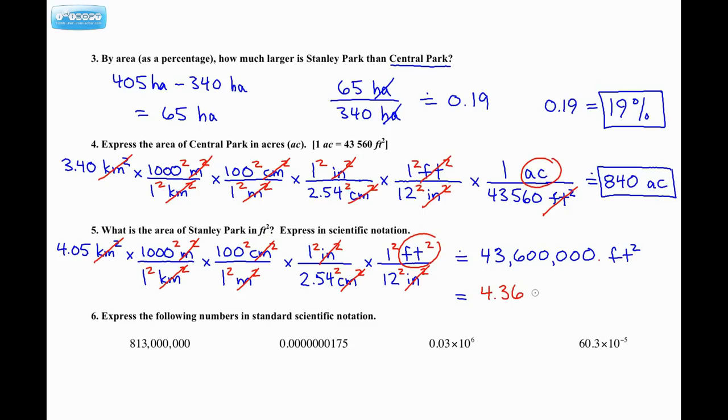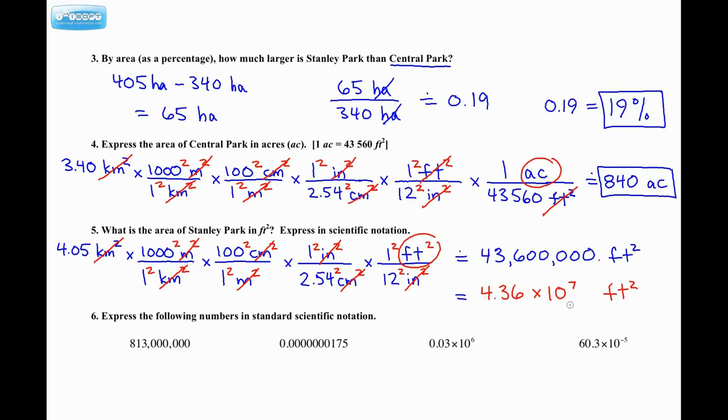We shifted it 7 times. So we write times 10, because really when we're shifting a decimal, you're just multiplying by 10, and I raise that 10 to the power of 7. Of course this is still in feet squared. These two numbers are exactly the same, only this is written in scientific notation.